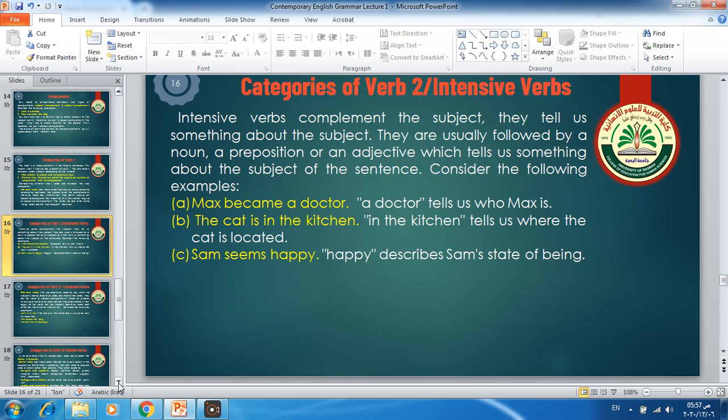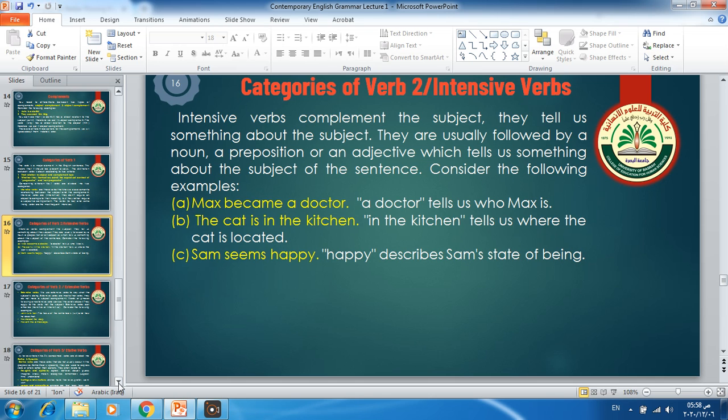Max became a doctor. So, you see, here we have the linking verb became. This linking verb shows us a close semantic relationship between a doctor and Max. Here, a doctor tells us who Max is.